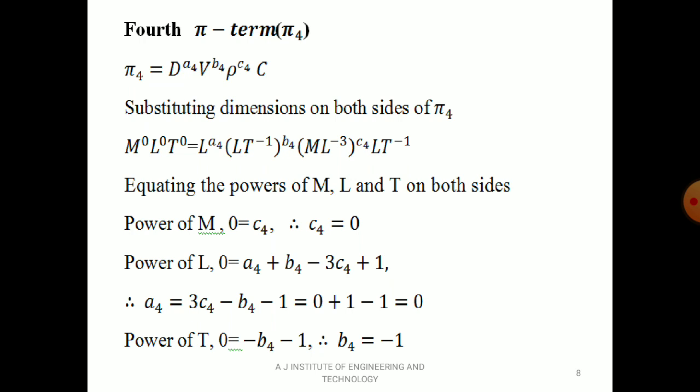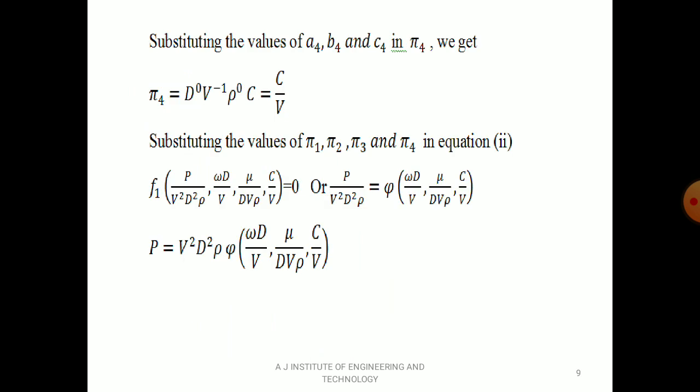Now we have values of b4 equal to minus 1 and c4 equal to 0. So I'll substitute those values in the expression for a4, that is a4 equal to 3c4 minus b4 minus 1. So 3 into 0, that is 0, minus into minus 1, that is plus 1, 1 minus 1, so that is 0 only. The value of a4 is 0. Then the value of b4 is minus 1, c4 is 0. So I'll substitute now the values of a4, b4, c4 in pi 4.